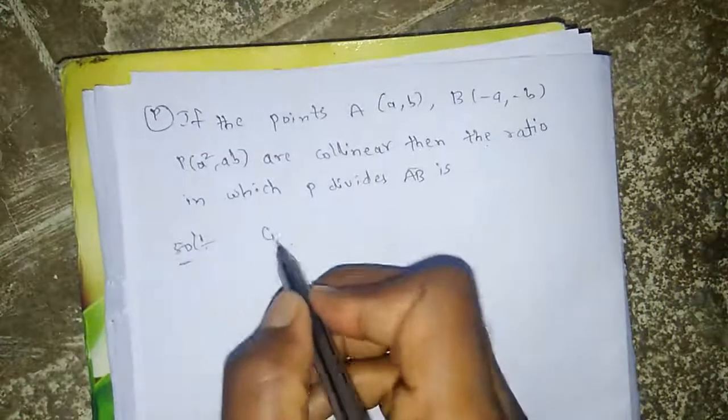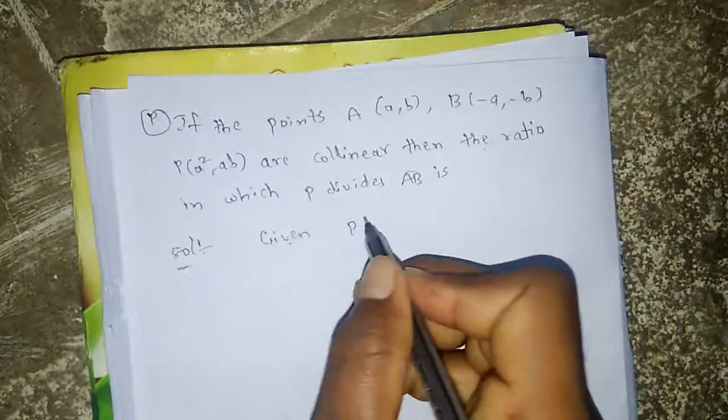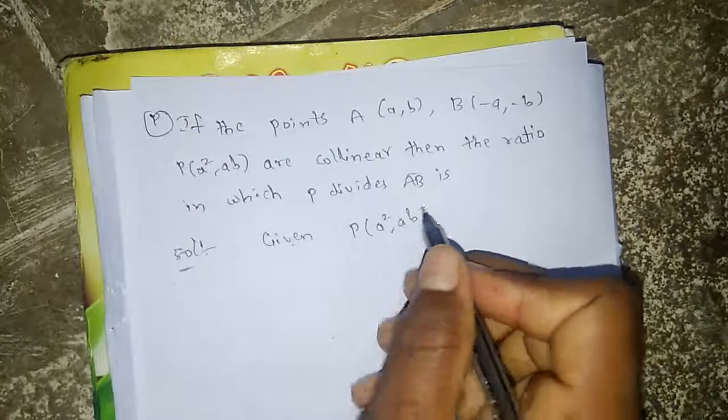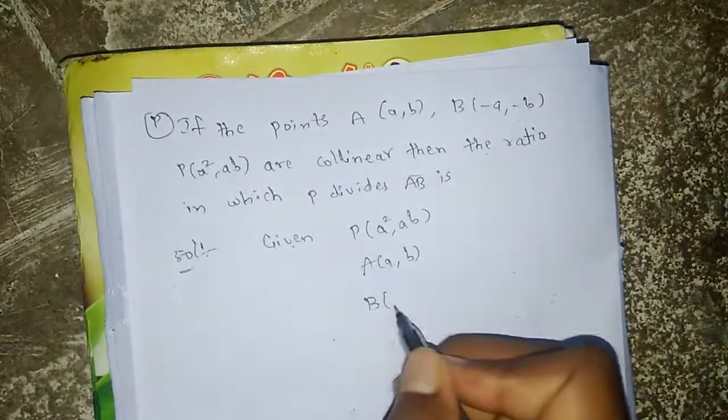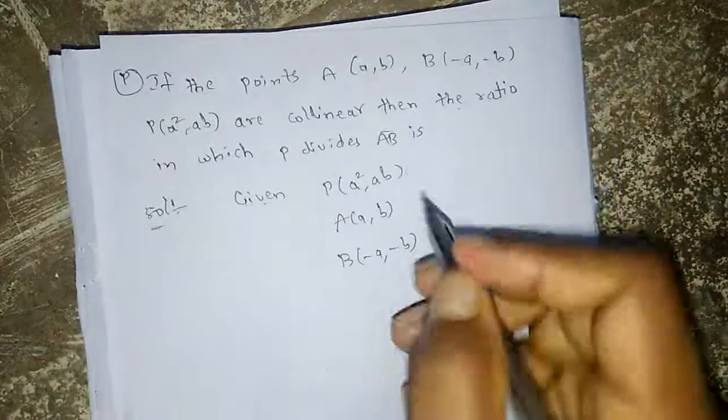Here given P is (a square, ab), A is (a, b), B is (minus a, minus b).